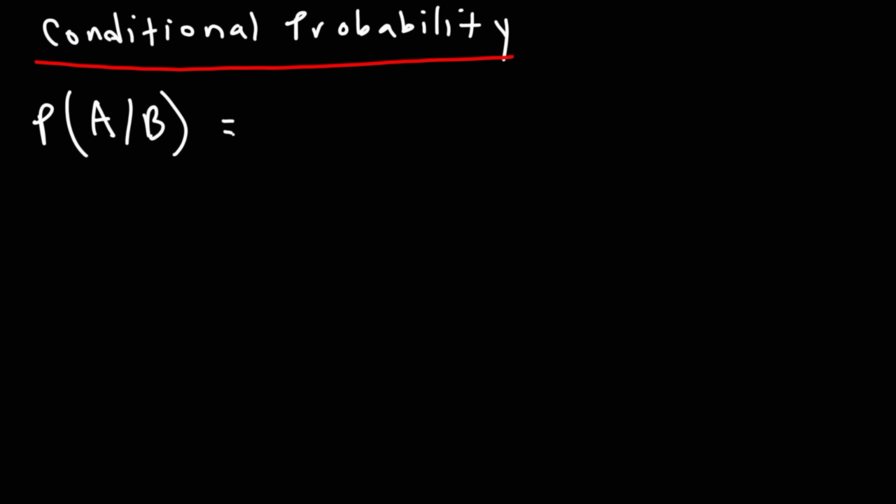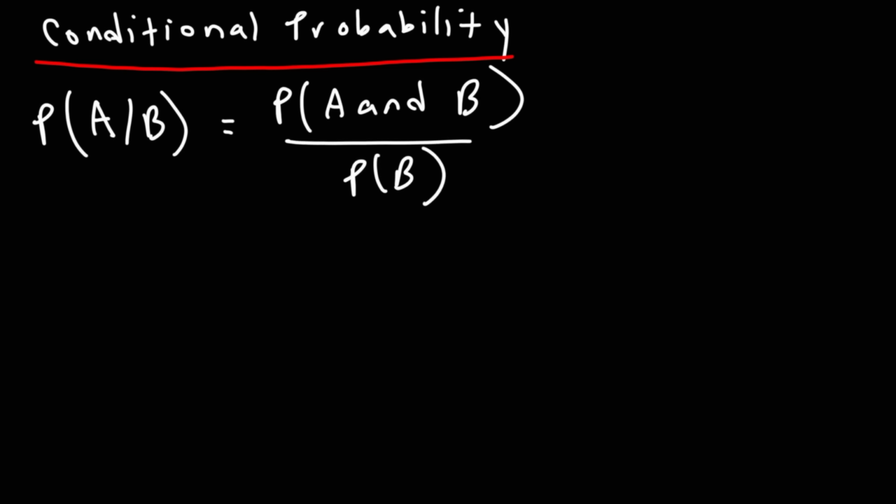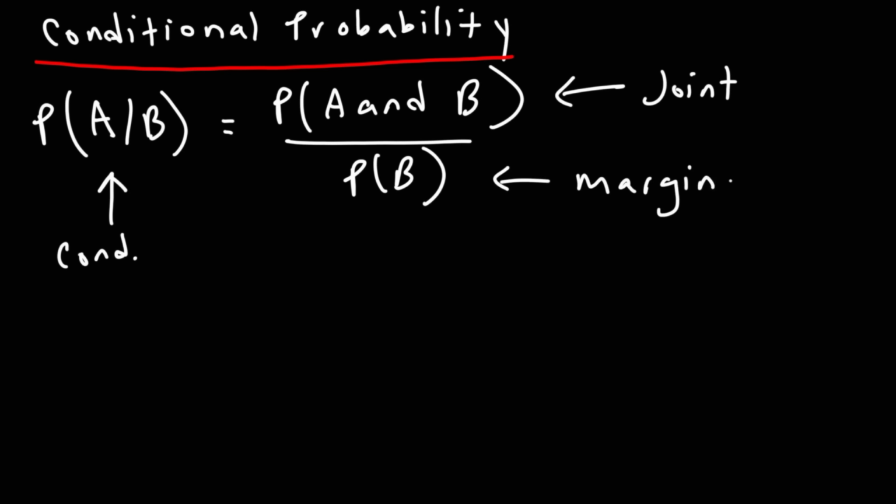That is conditional probability. It's equal to the probability that events A and B will occur simultaneously divided by the probability that event B will occur. So the conditional probability is really equal to the joint probability, the probability that A and B will occur, divided by the marginal probability, the probability that the single event B will occur.